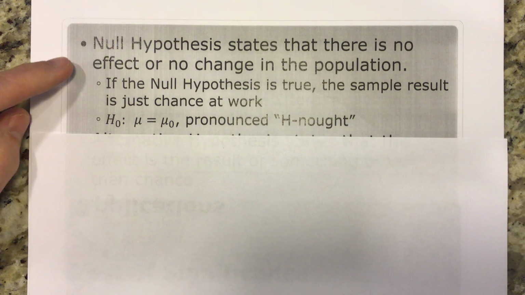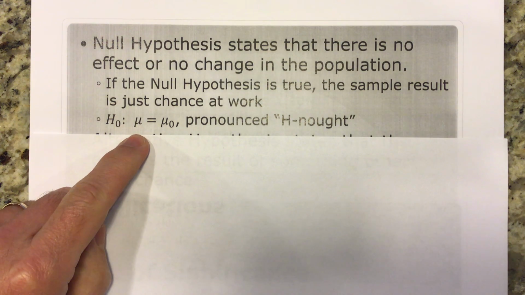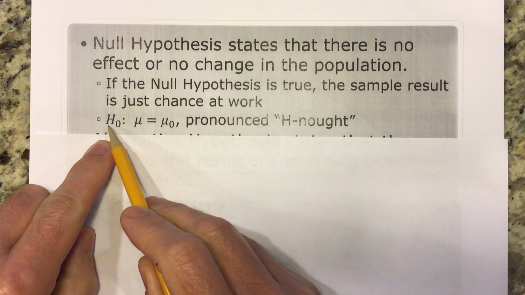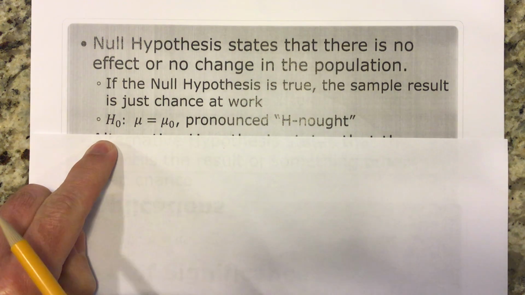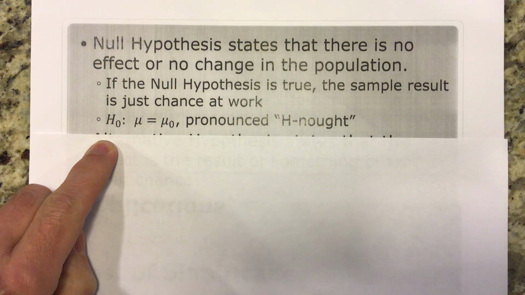Now, you can go around writing things in complete sentences and say the null hypothesis is blah, blah, blah. Or you can use mathematical notation. So instead of saying the null hypothesis, you can write H with a subscript of 0, or in other words, H naught. Again, H, nothing is here, null.